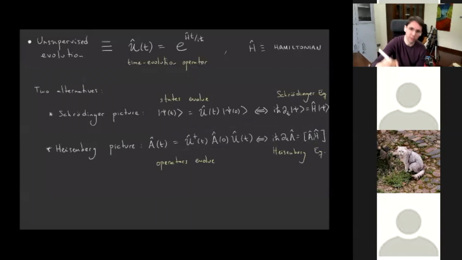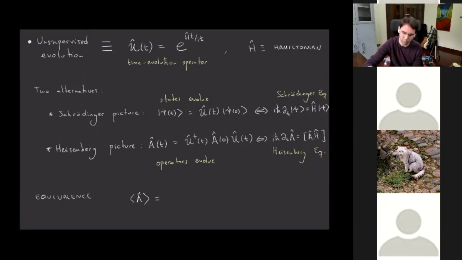and let me just finish by telling you why these two pictures or ways of describing evolution in quantum mechanics are equivalent. The equivalence comes from the fact that when we want to actually evaluate observable quantities, as we have mentioned, they are always related to expectation values of operators.